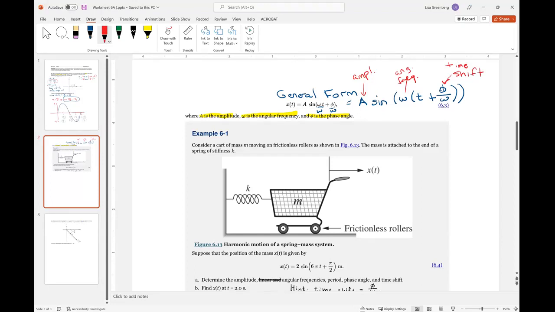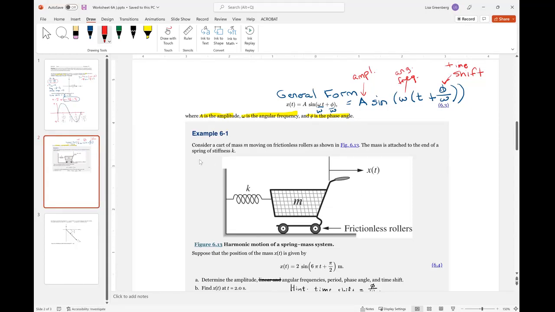So if you want to know how much you're going to shift something to the right or to the left, you would look at that number after you factor out that omega. Okay. All right. So now let's do this problem.